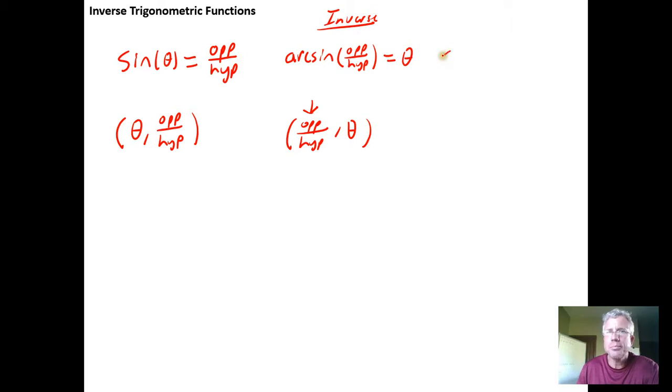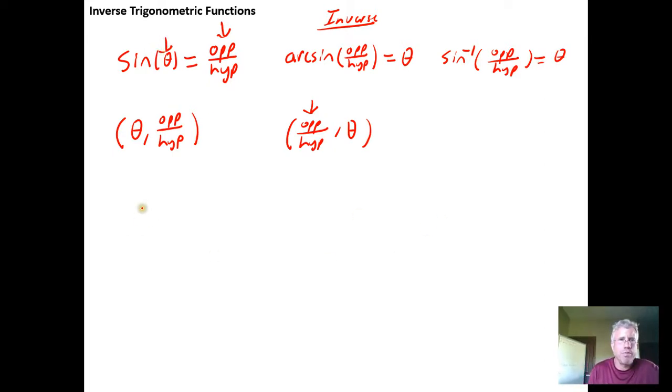ratio. And again, just like with cosine, we can also use the inverse function notation, sine inverse, but again the input will be the appropriate side ratio, the one that goes with the definition of the sine function, and the output will be the angle that generated that side ratio.